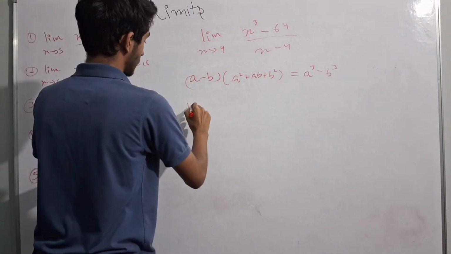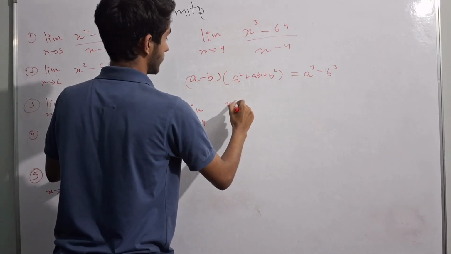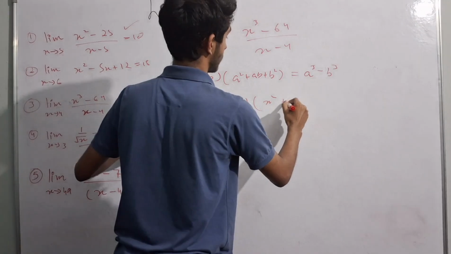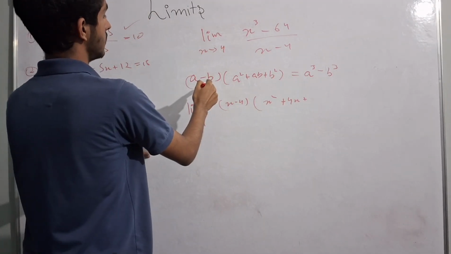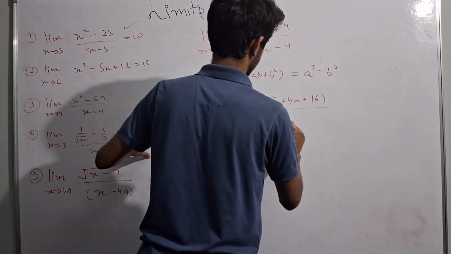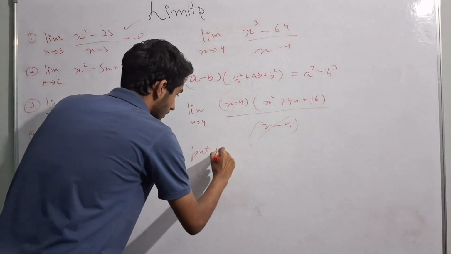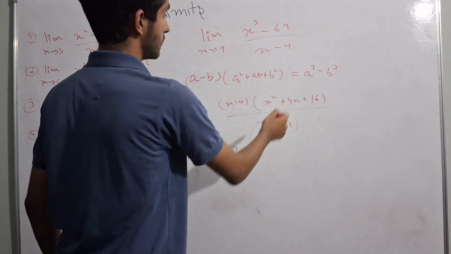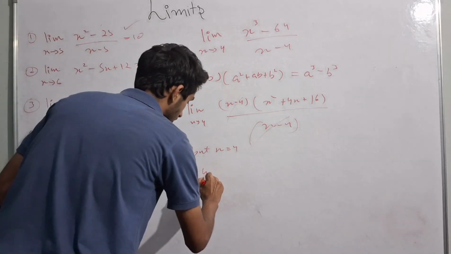So I can write it as limit x tends to 4, (x minus 4) into (x square plus 4x plus 16) upon (x minus 4), where b square is 4 square, which is 16. This cancels out. Put x is equal to 4. I get 4 square plus 4 into 4 plus 16, which is 16 plus 16 plus 16, so 16 into 3, which is 48.